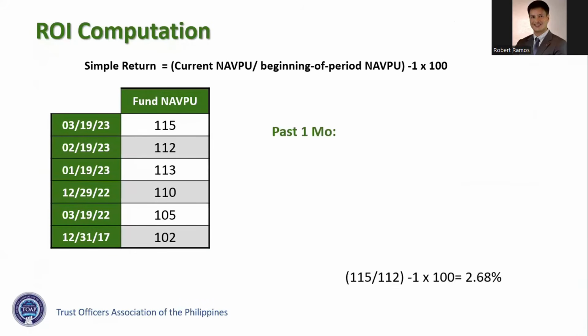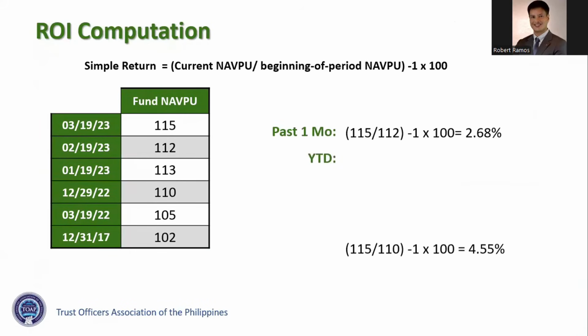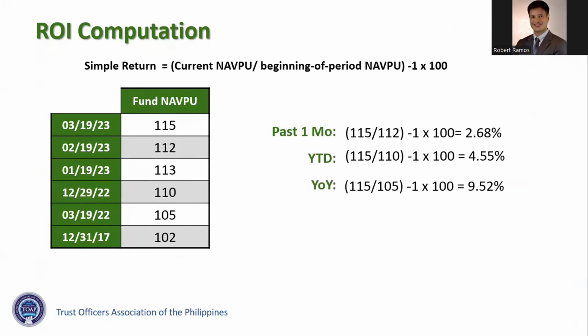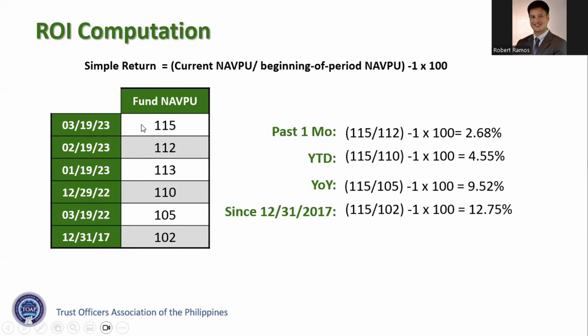So just to give you a quick example, if you want to compute your past 1 month ROI, your year-to-date ROI, and your year-on-year ROI, what do you do? Given your current NAV pool, let's just say today is March 19, 2023, that is your current NAV pool.